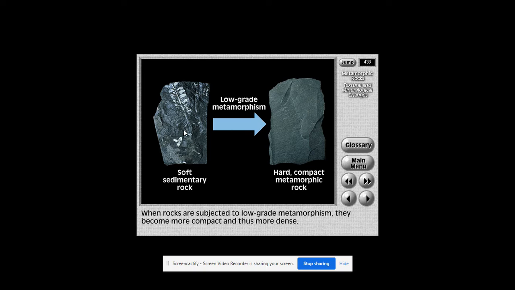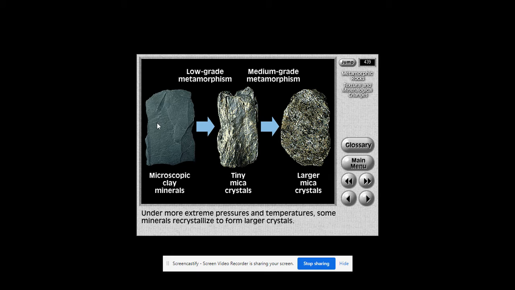We have our low-grade metamorphism from a shale, which is a sedimentary rock, just compacted mud, into the slate, which is a hard, dense, tough metamorphic rock. And then here we have slate, phyllite, and schist.